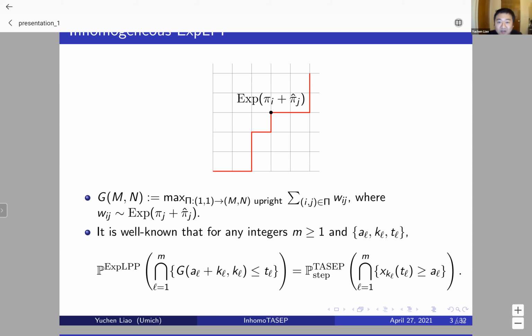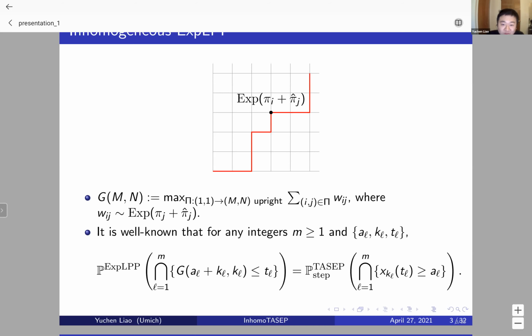And under the standard coupling between TASEP and exponential last passage percolation, there is this equality in distribution where basically the joint distribution of particles is translated to the joint distribution of last passage times.